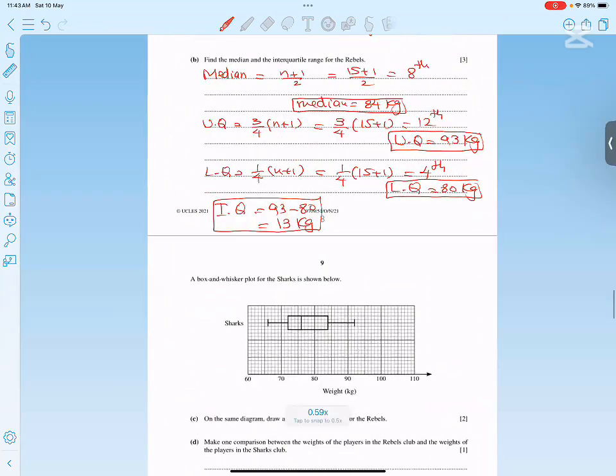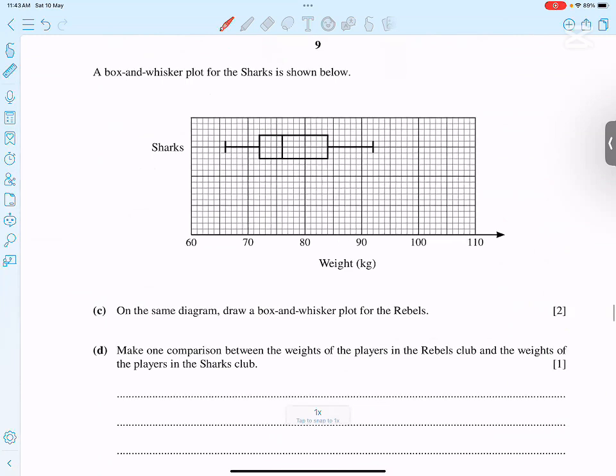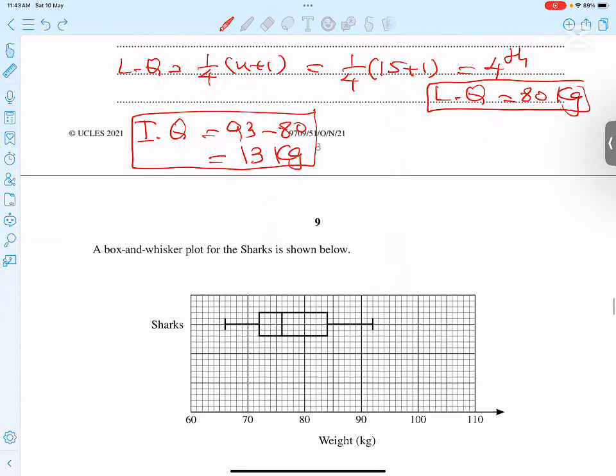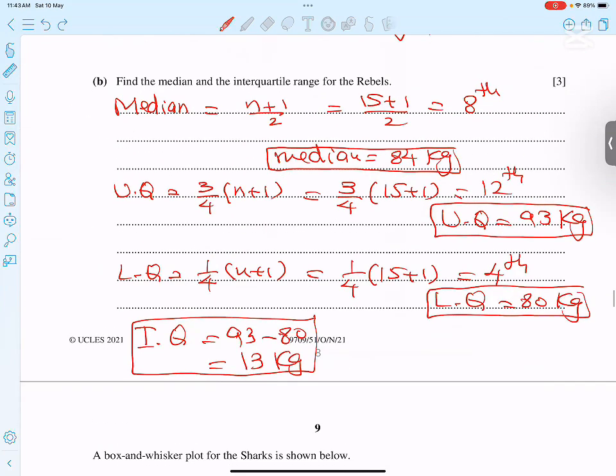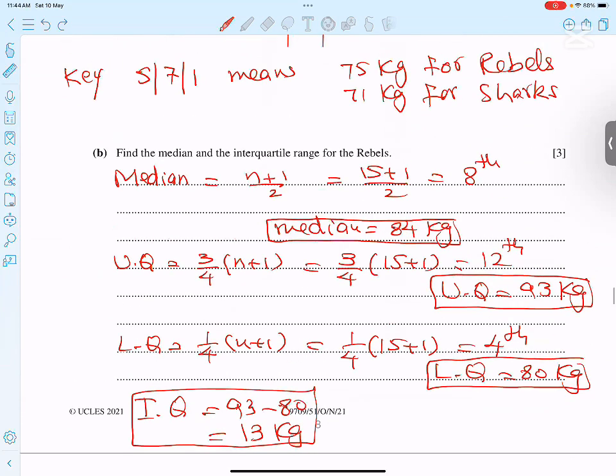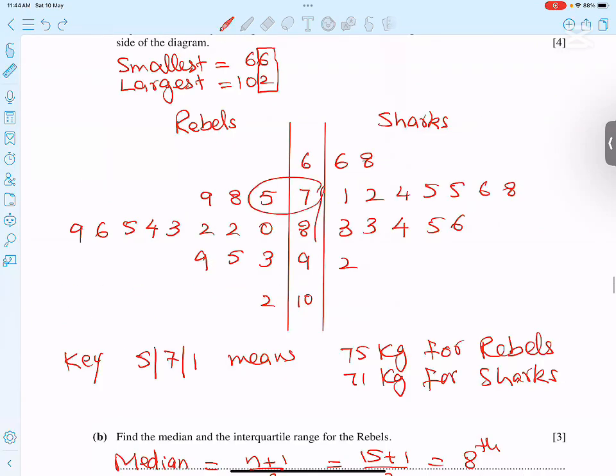Let's go to the next page. A box and whisker plot for the Sharks is shown, and we have to make the diagram for the Rebels. How do we make it? We need a few things. First, the smallest value, which is 75, and the highest, which is 102.